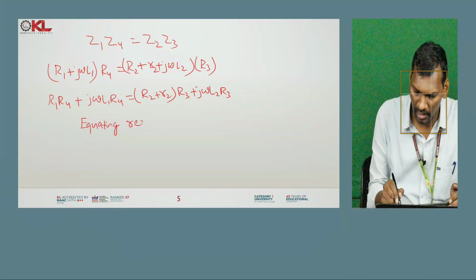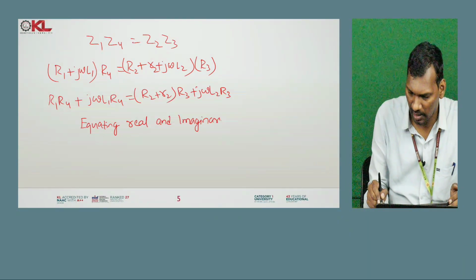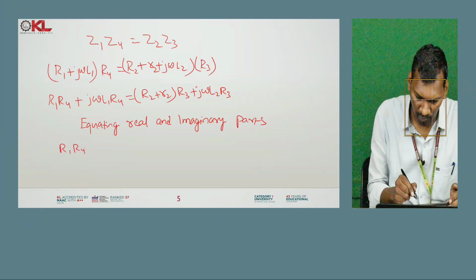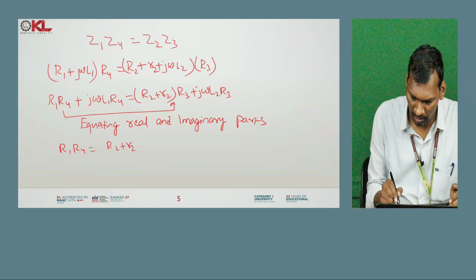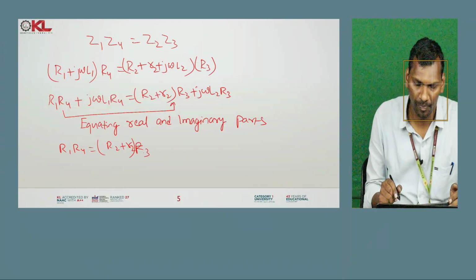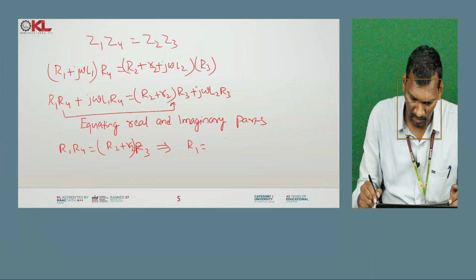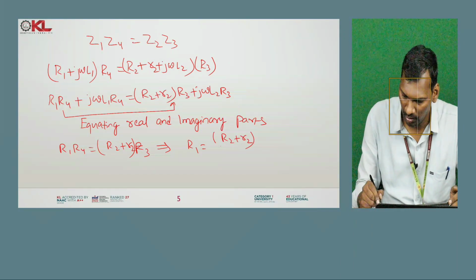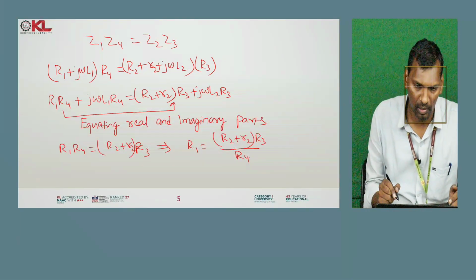R1 R4 is equal to R2 plus r2 into R3. So from this one we can calculate the unknown resistance R1, which is equal to (R2 plus r2) into R3 divided by R4.